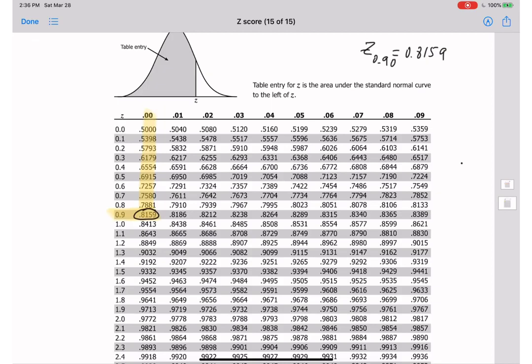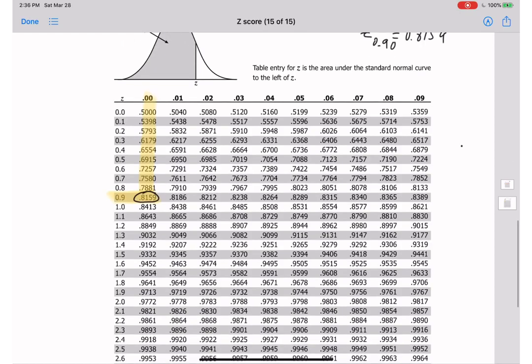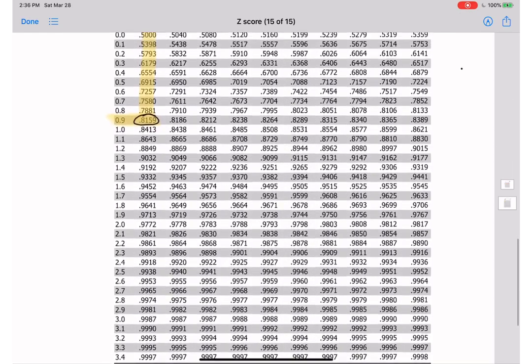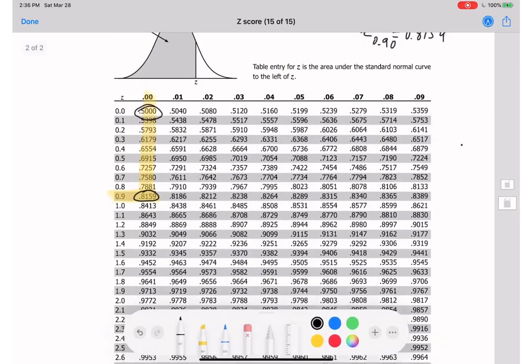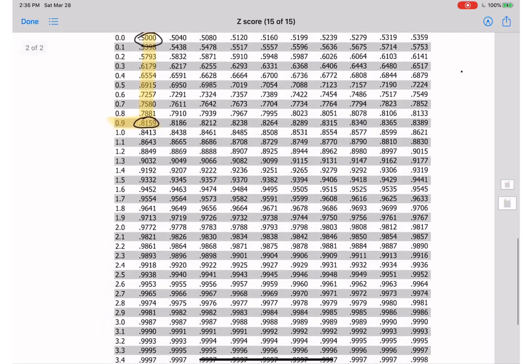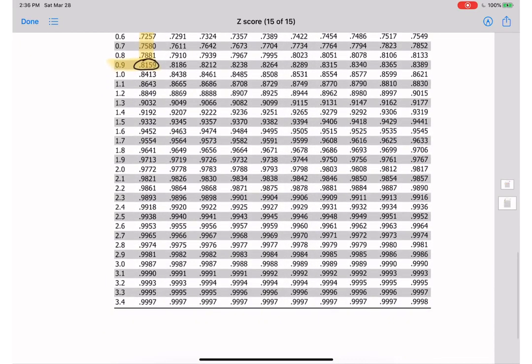As you can see, the numbers for positive z-score start with 50% and go all the way to 99.98. Remember what I told you back then.